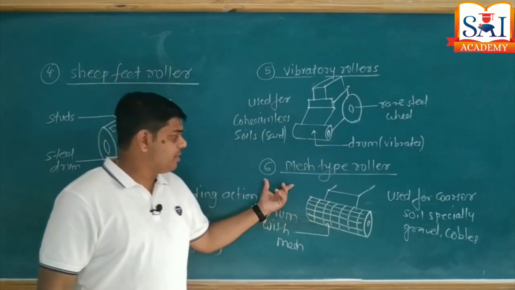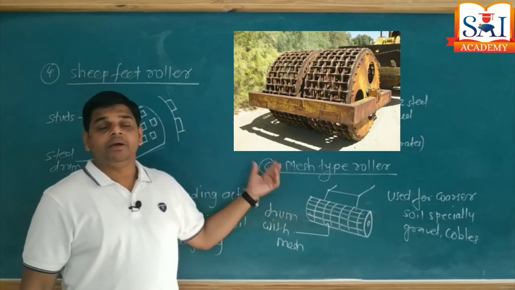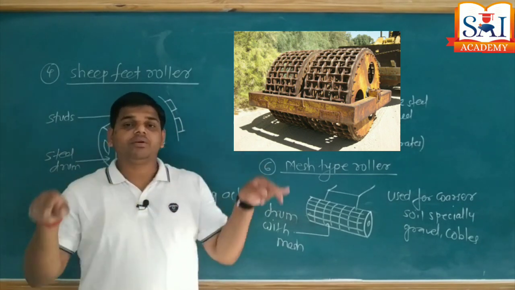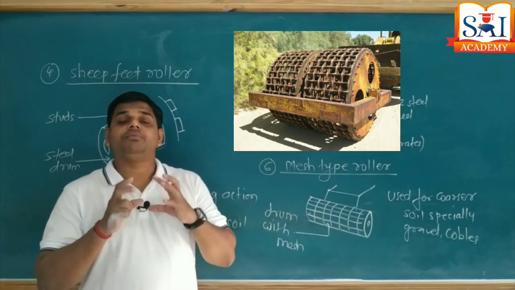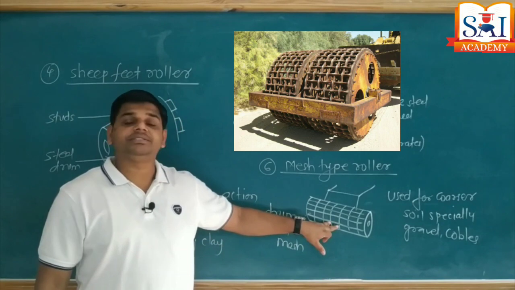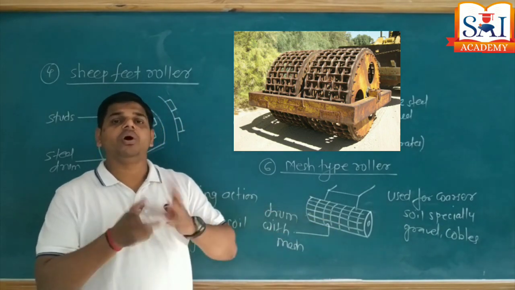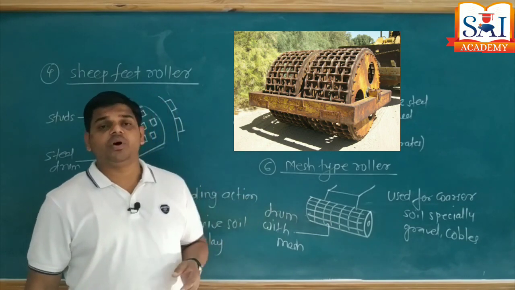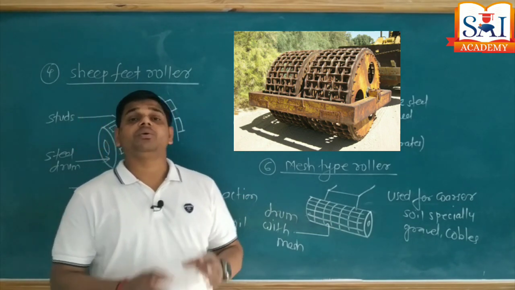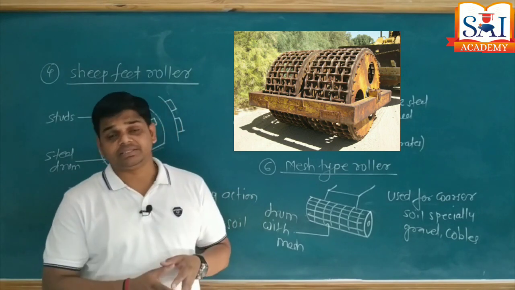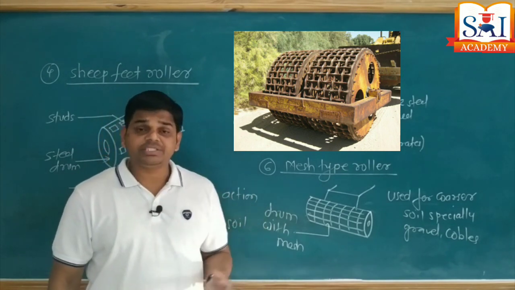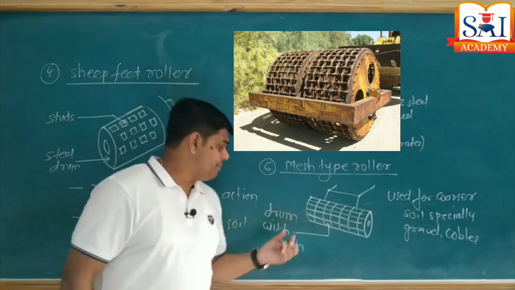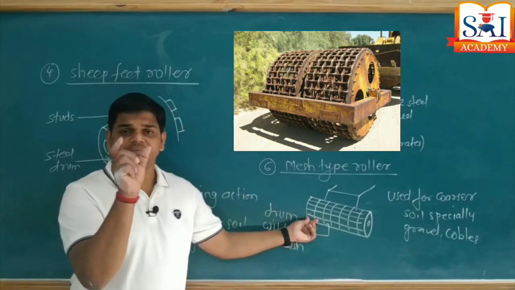Okay, the next type of roller is the mesh type of roller. The mesh type of roller is very similar to a network of steel mesh, which means the front drum is designed with mesh. It is a hollow section with open mesh, and this roller is specially used for compaction of coarse grained particles, especially gravels and cobbles, because its mesh opening is not fine, it has a large size.